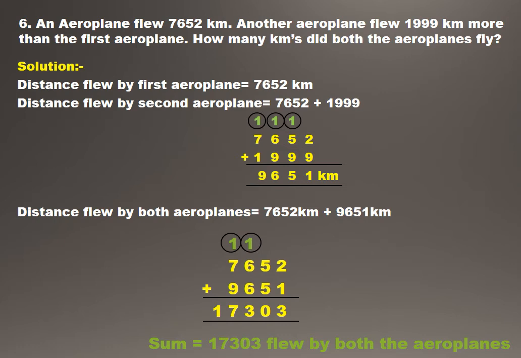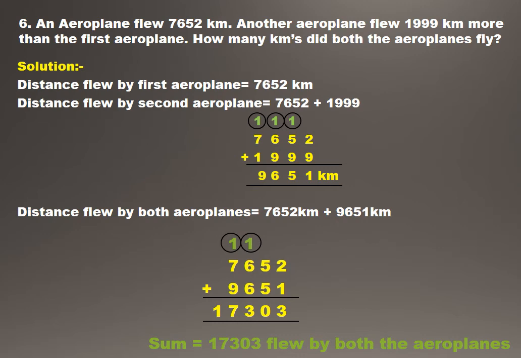An aeroplane flew 7652 kilometers. There is one more aeroplane which flew 1999 kilometers more than the first aeroplane. Its actual value is not given here, but how much the second aeroplane flew, that also you have to calculate.